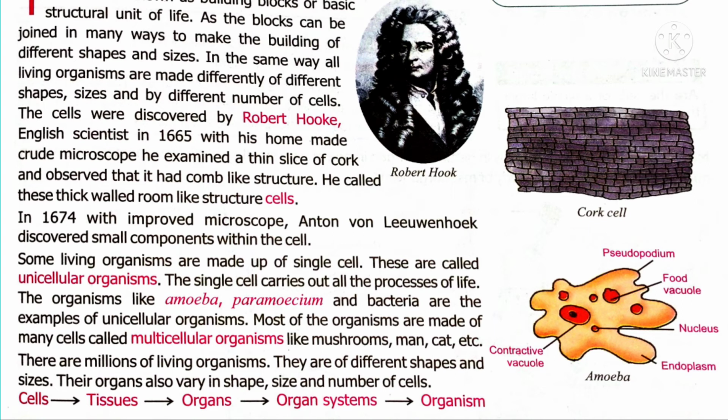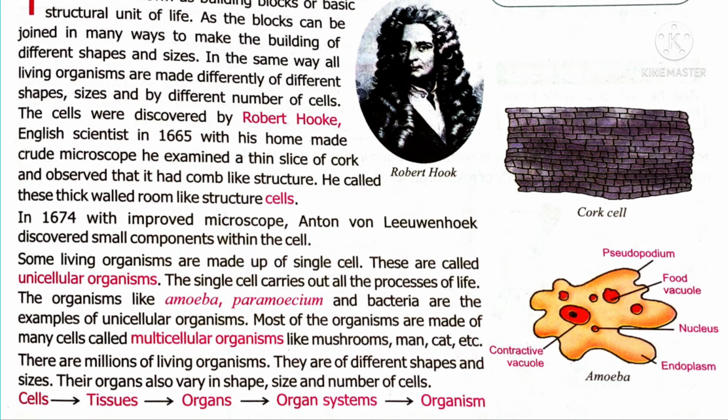These organisms are called multicellular organisms because our human body is made up of many billions, trillions of cells. So we are called multicellular organisms. Whereas amoeba, paramecium and bacteria are made up of only one single cell. So these organisms are examples of unicellular organisms.